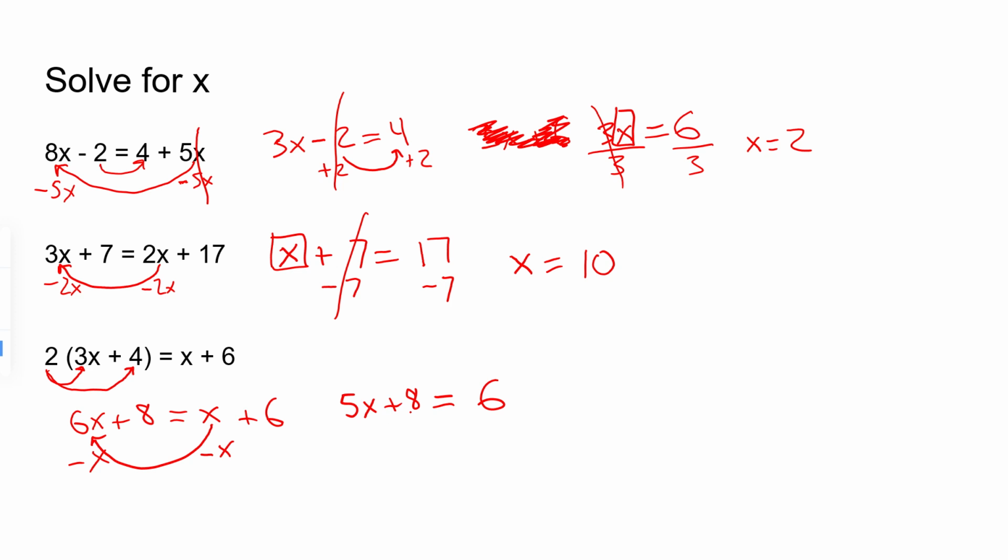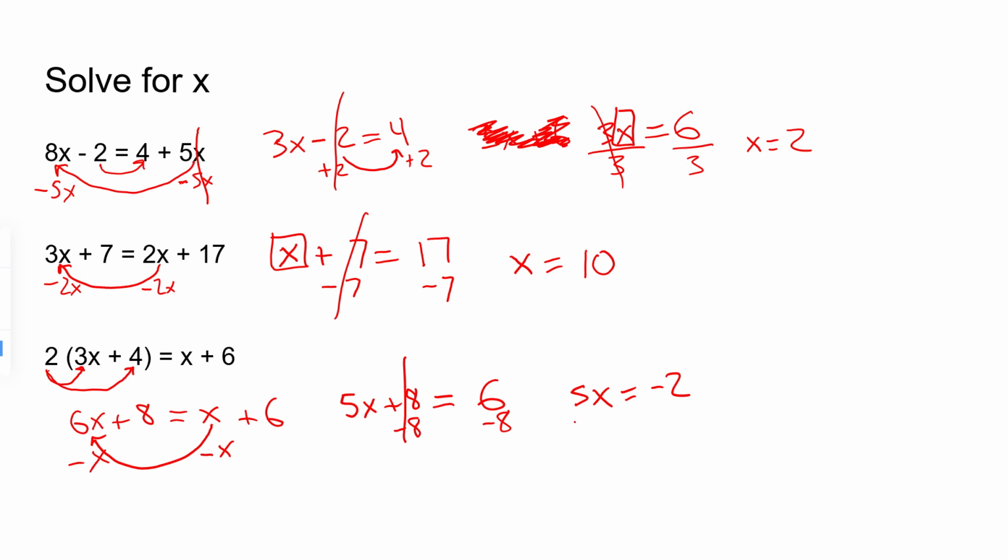Now I want to get rid of this 8 here so that x can slowly start to become by itself. So it's plus 8, we do minus 8. That cancels it out over here. 6 minus 8 is negative 2. So now we have 5x is equal to negative 2.